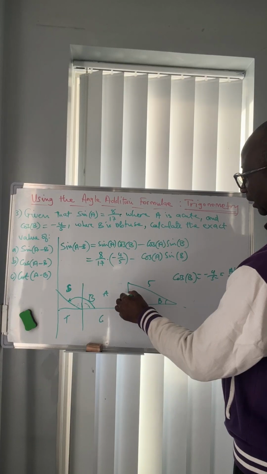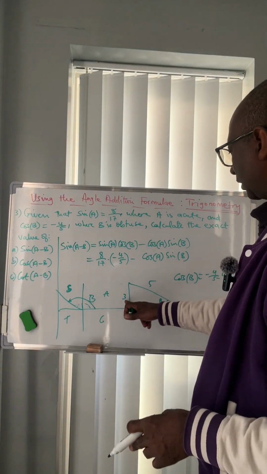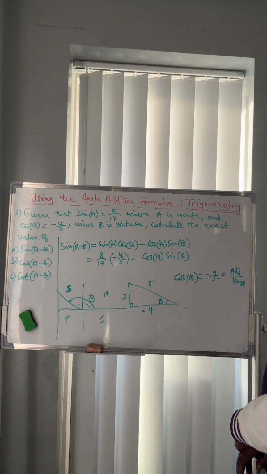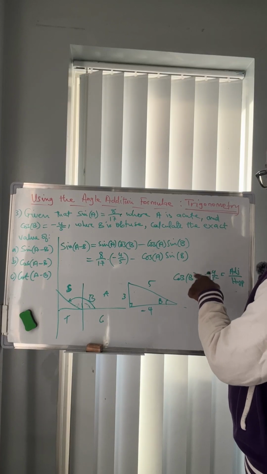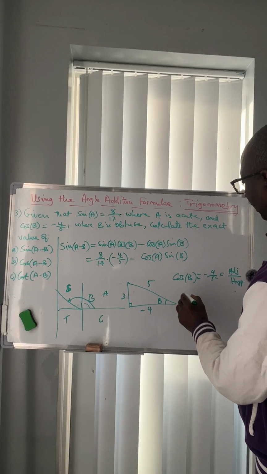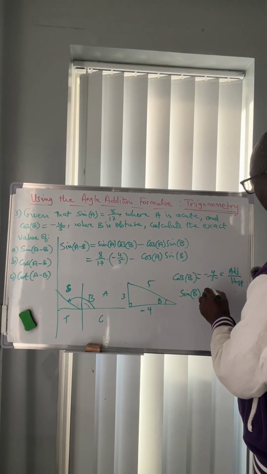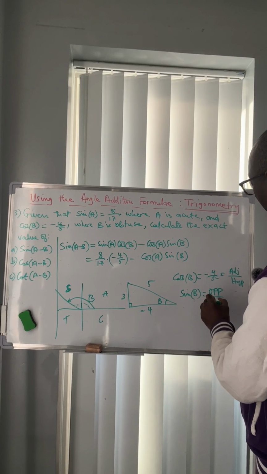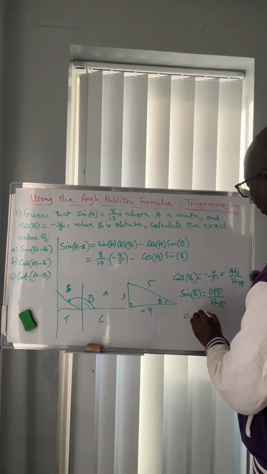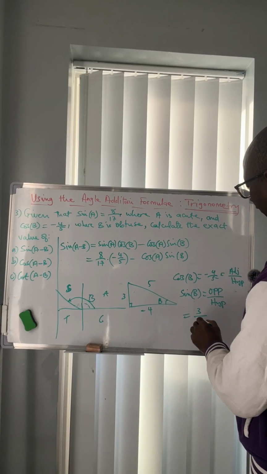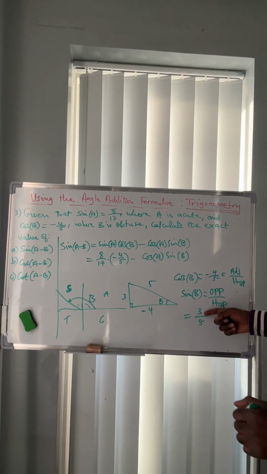Which means this side is 3 according to Pythagoras theorem. Sine B is the opposite over the hypotenuse, so the opposite, which is 3, all over the hypotenuse, which is 5. That is, sine B is 3 over 5.